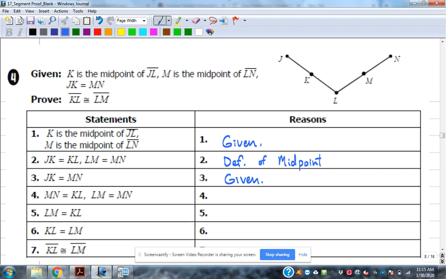We got JK is equal to KL and LM is equal to MN. So step 3 says you got JK is equal to MN. So we got JK is equal to two different things here. And then statement 4 says MN has got to be equal to KL, and LM has got to be equal to MN.